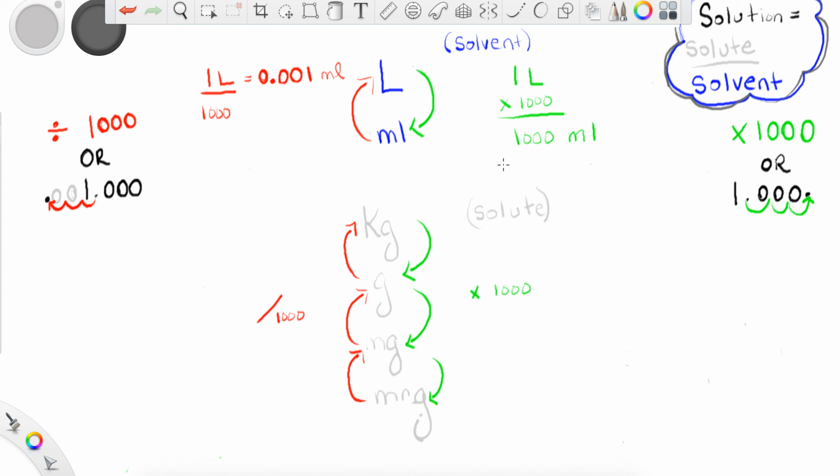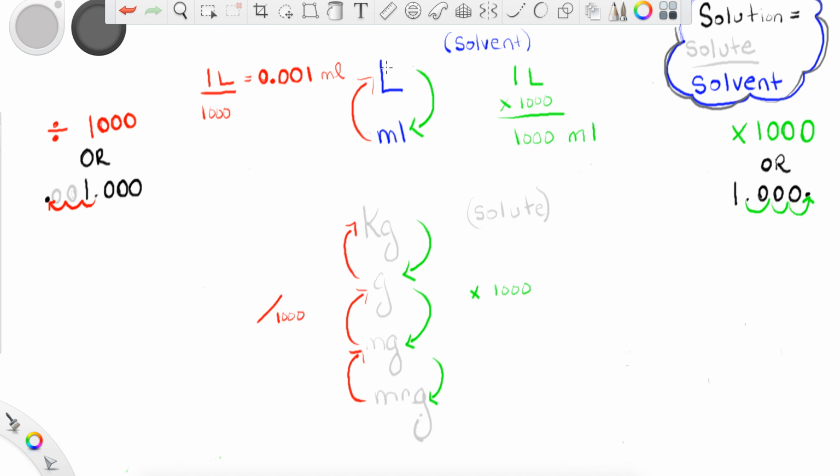A really simple and important component about the metric system is to remember that each unit of measure is divided or multiplied by 1,000 to equal the next unit of measure. So on the right side here in green, if we want to convert any of these units of measure, we're going to multiply by 1,000 to find its equivalent in the next lowest unit of measure.